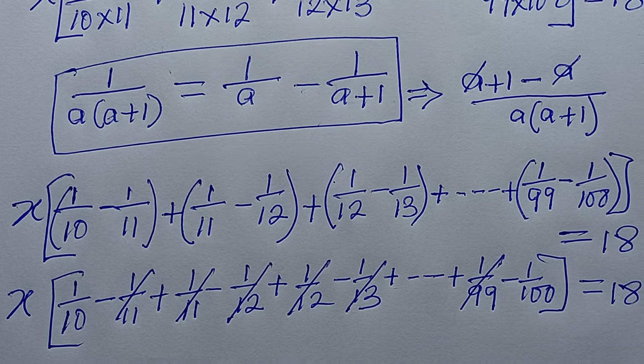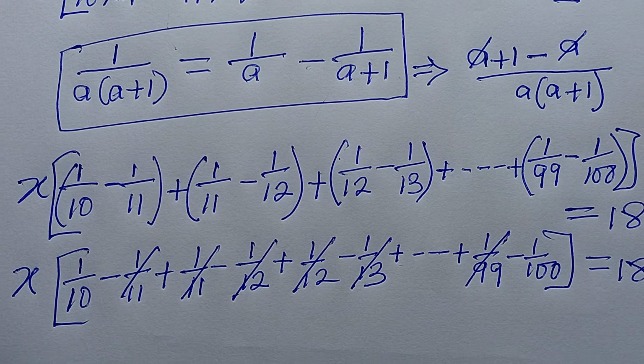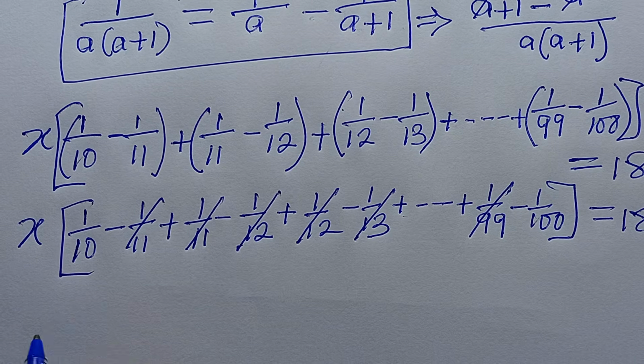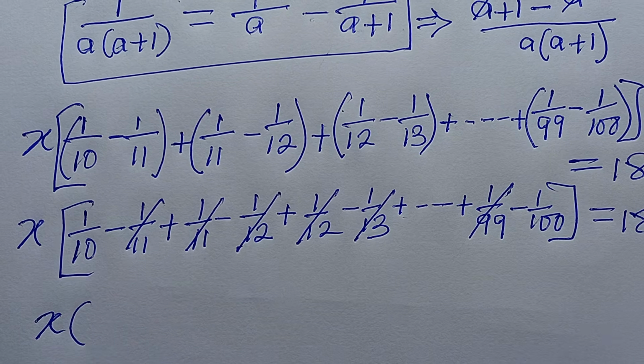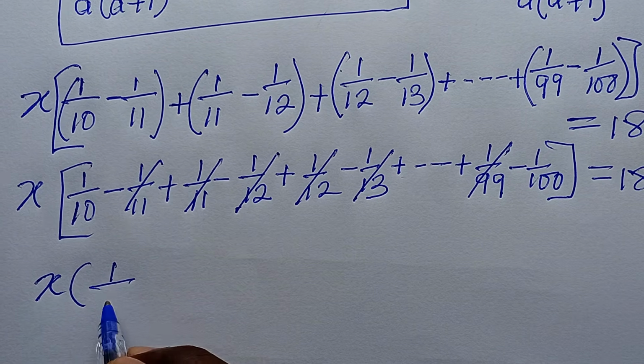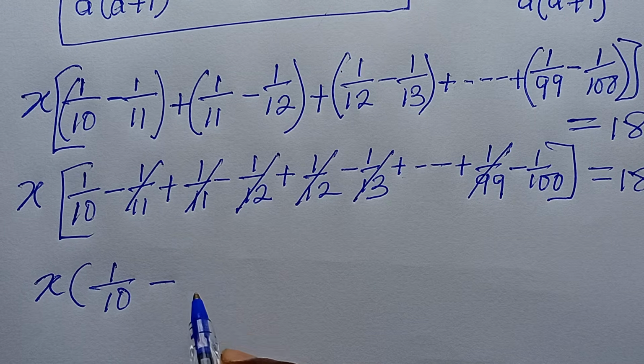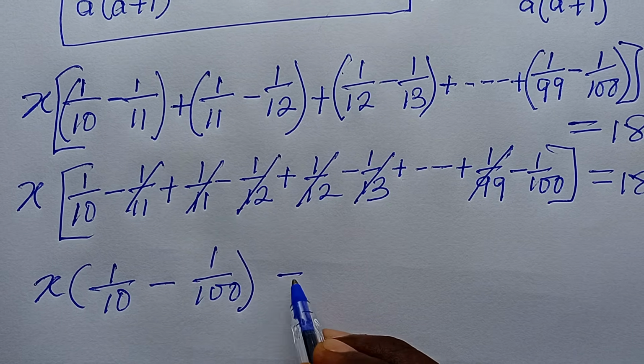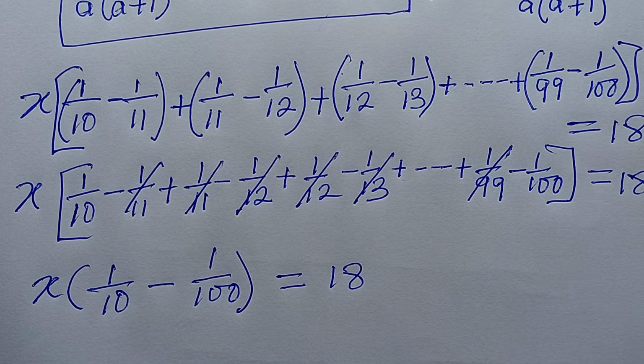Right? Good. So with this, what happened? We are now left with this and this. And so we're going to have here our x into our 1 all over 10, then minus our 1 all over 100, close bracket, everything equal to 18.